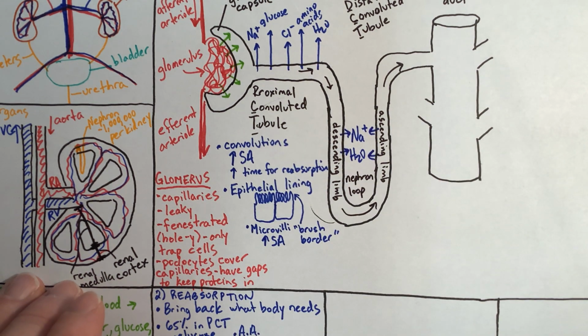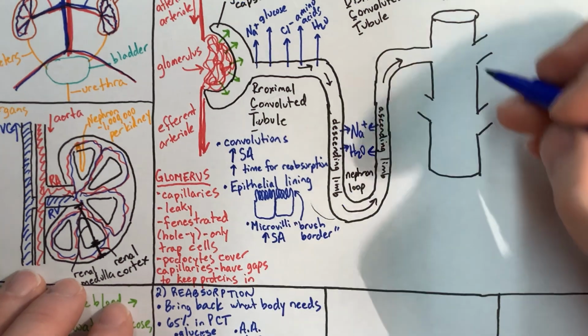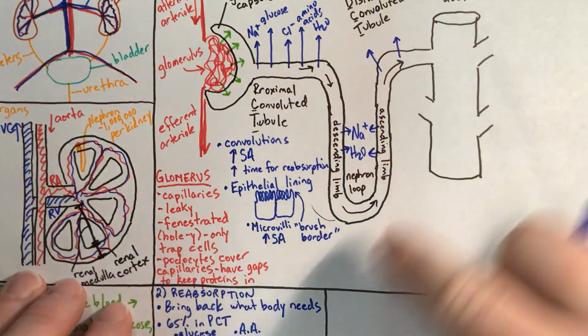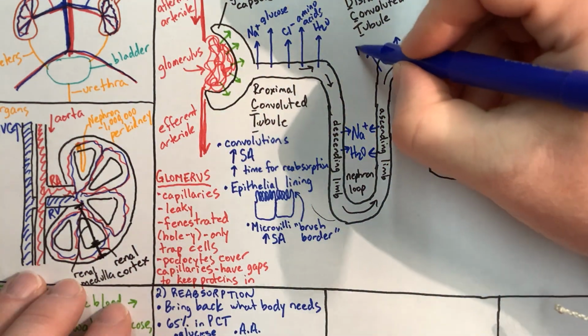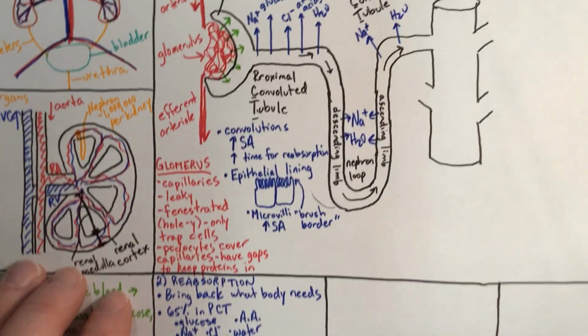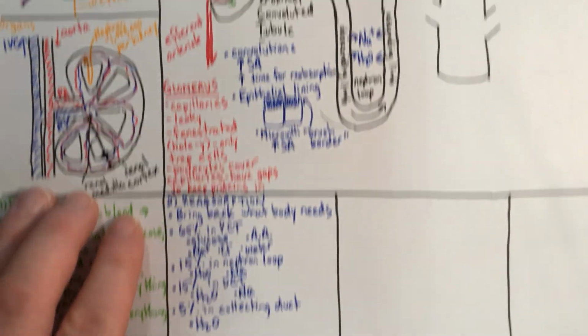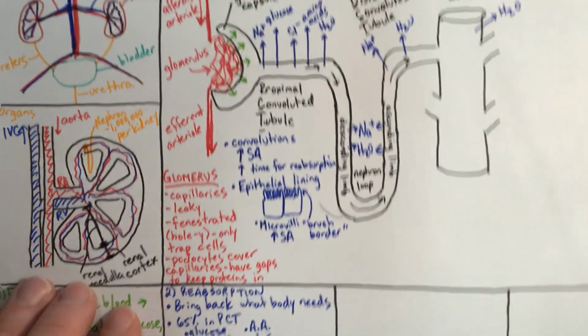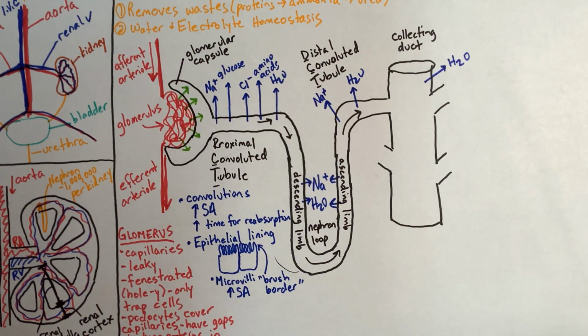All right, distal convoluted tubule, we've got water and sodium coming out. Let's draw that. I'm using blue here just because we'll add some more arrows for the other processes that are going to be happening. Sodium and water, and then finally in our collecting duct, pulling back some water into the body over there.